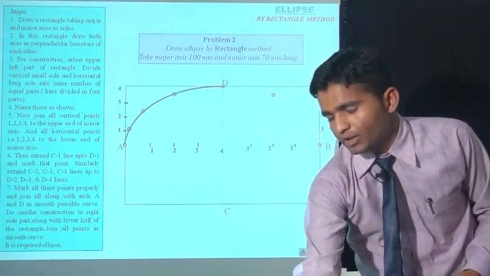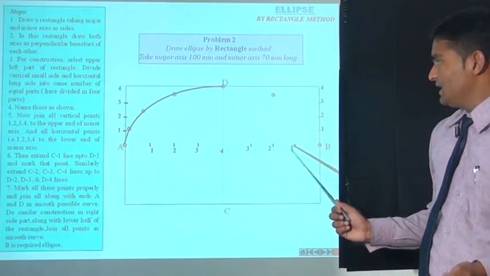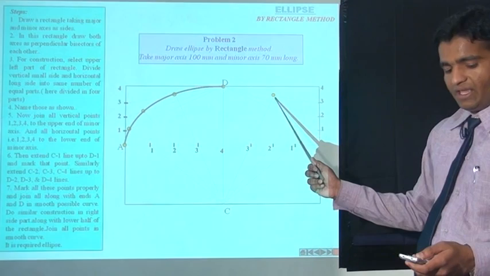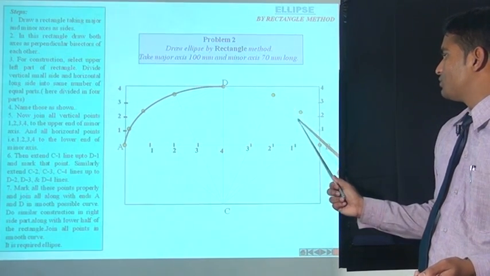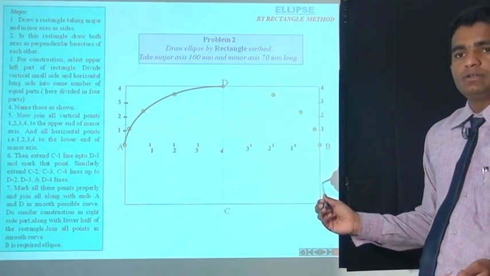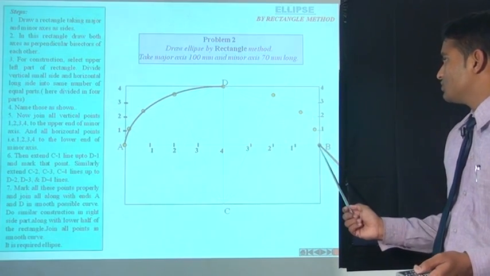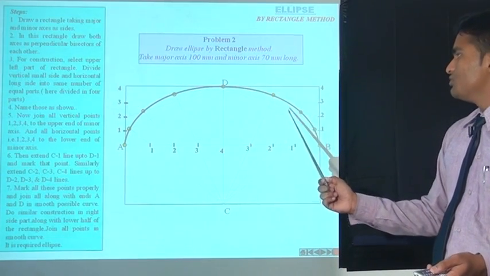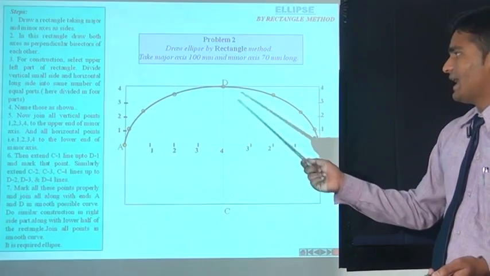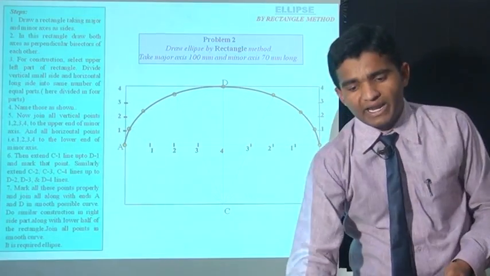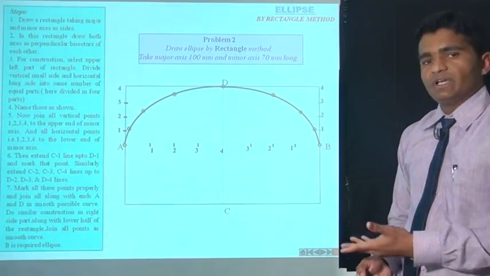We will get these points B, point 3, point 2 and point 1. Join these points by a smooth possible curve. By use of the French curve we get the half portion of the ellipse.